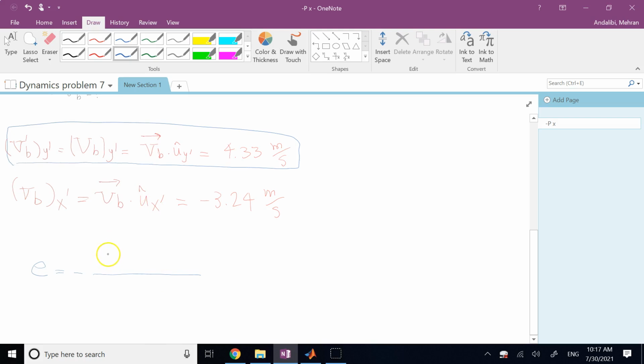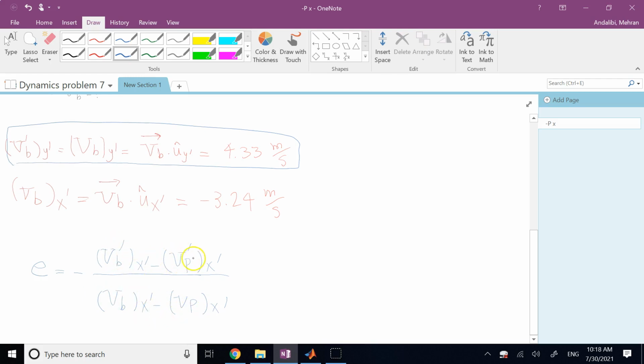So it should be something like v prime of b x prime minus v prime of p x prime, divided by v of b x prime minus v of p x prime, correct? These v's that don't have prime are before impact.